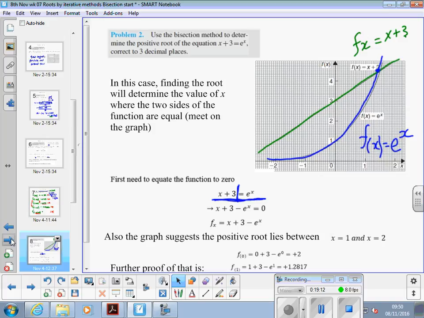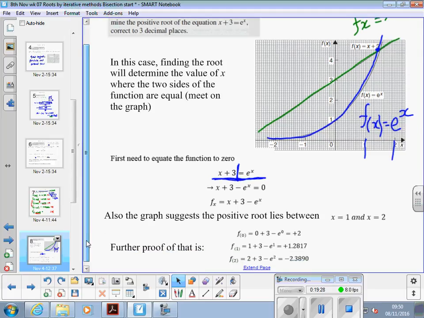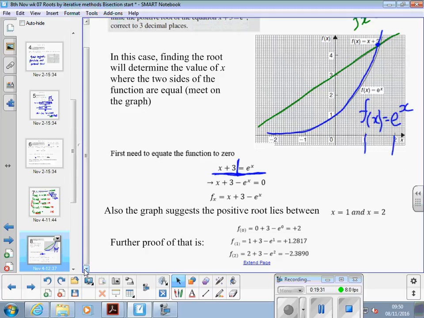Also, the graph here suggests there is a positive root between x is equal to 1 and x is equal to 2. Further proof of that is using the functional notation. When x is 0, the function equates to plus 2.